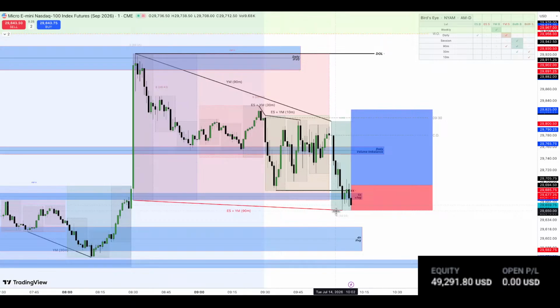There you go. Price tapped this low. If it closes below, then it's gonna be a different story now.